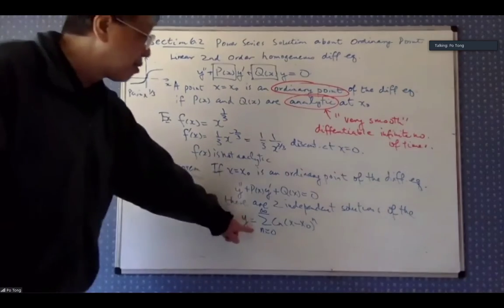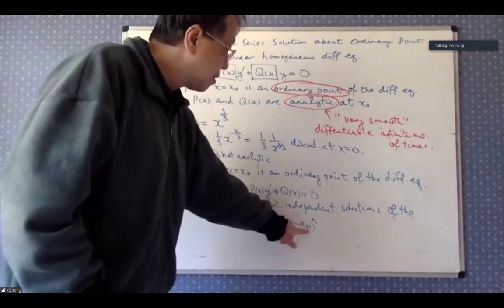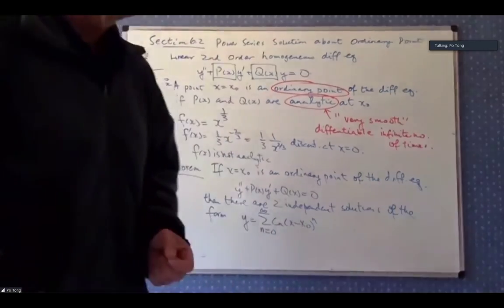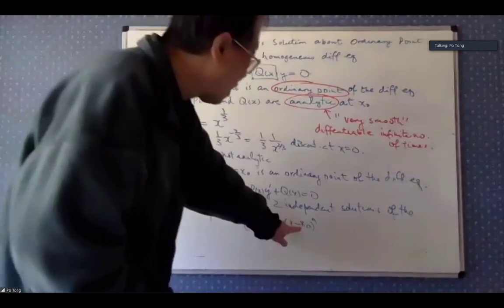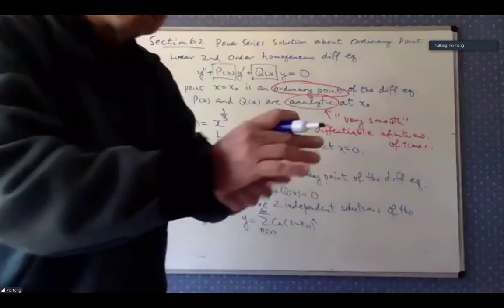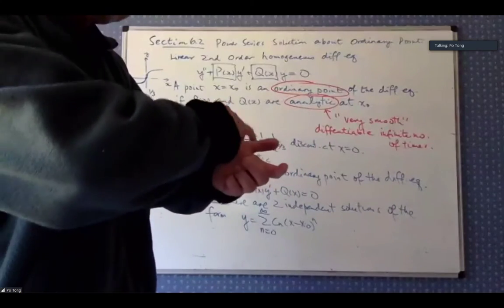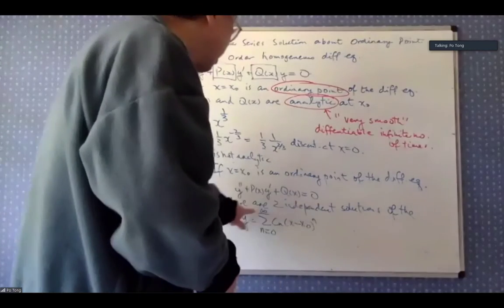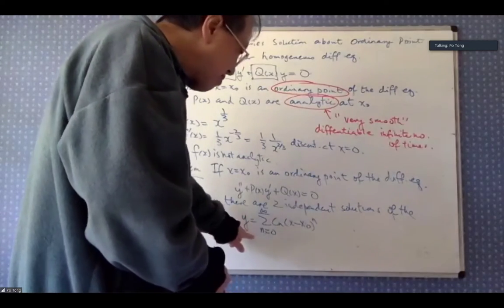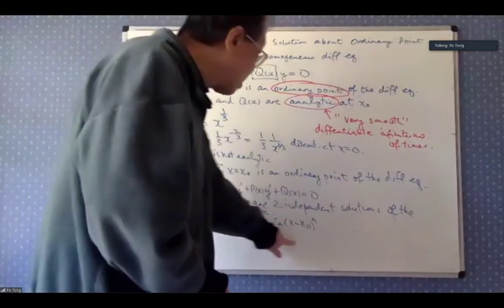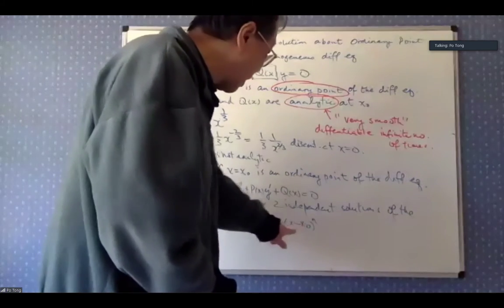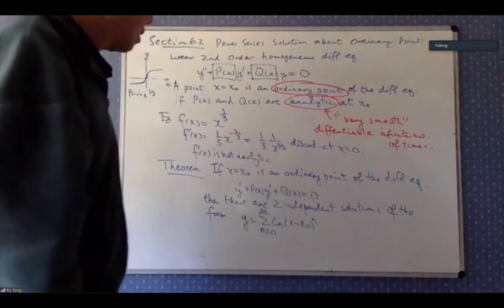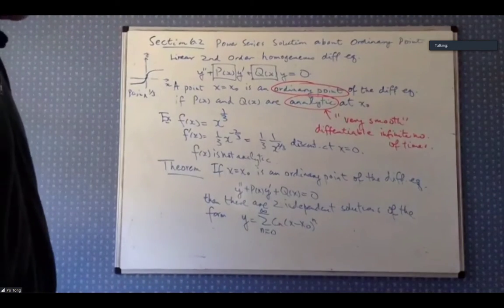So this will be a power series centered at x0. And we actually talk about radius of convergence and all this stuff. That means around the point x0, this is going to approximate the actual solution and converges around x0. And at x equal to x0, the whole thing becomes 0.